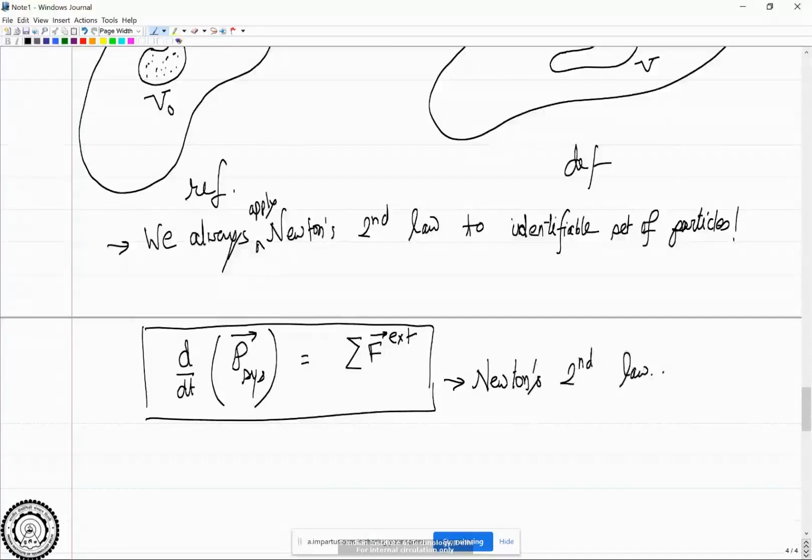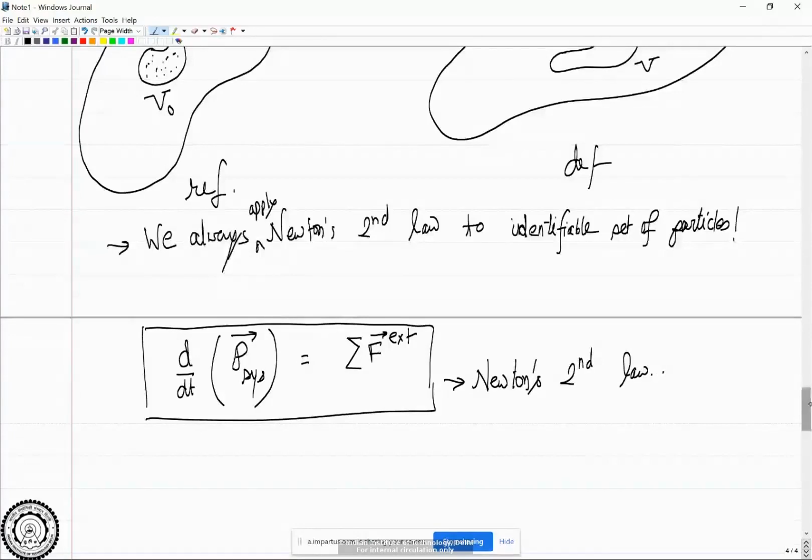So you have to always identify the system, and you can't change the system when you are taking the rate of change, or when you're taking the derivative. You are not allowed to even interchange the particles. It must be the same set of particles, and only then can you apply Newton's second law.